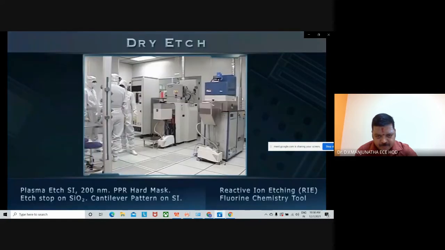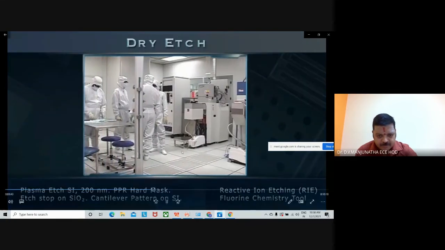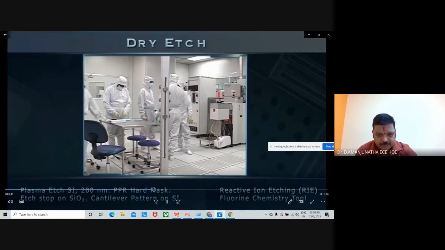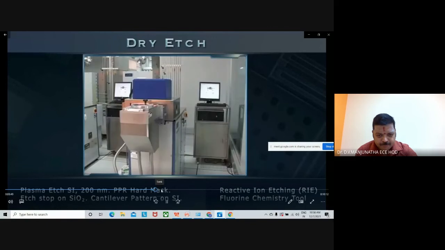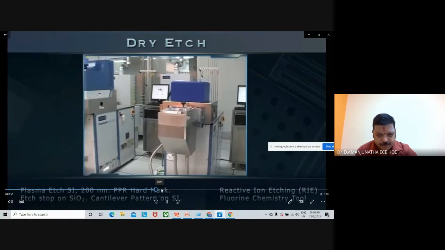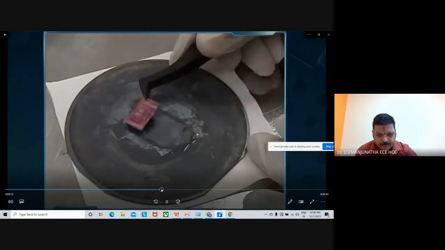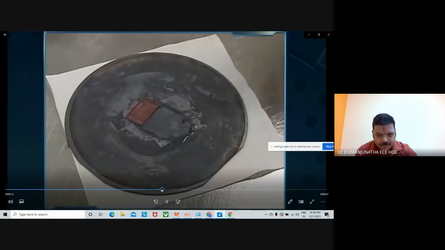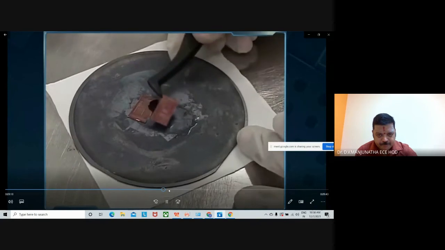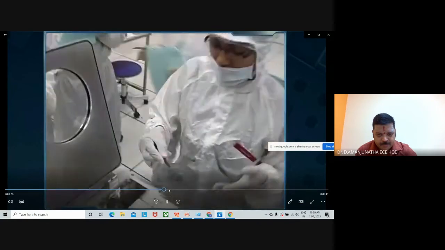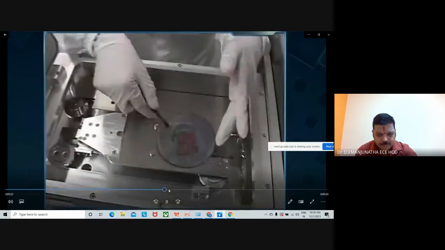The next stage of cantilever fabrication takes place in the dry etch bay. Here we employ the ICP RIE fluorine chemistry tool. Next, we place the samples on the carrier wafer. We now load the samples into the RIE.